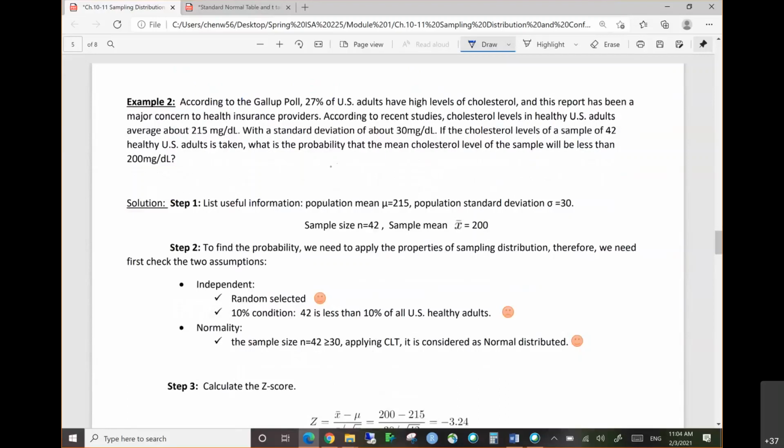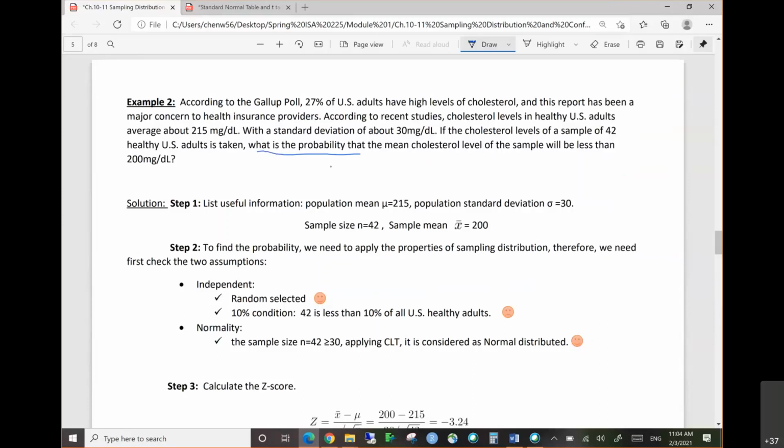According to recent studies, cholesterol levels in healthy United States adults average about 215 with a standard deviation of 30. If the cholesterol levels of a sample of 42 healthy United States adults is taken, then what is the probability? That was the question of last class.